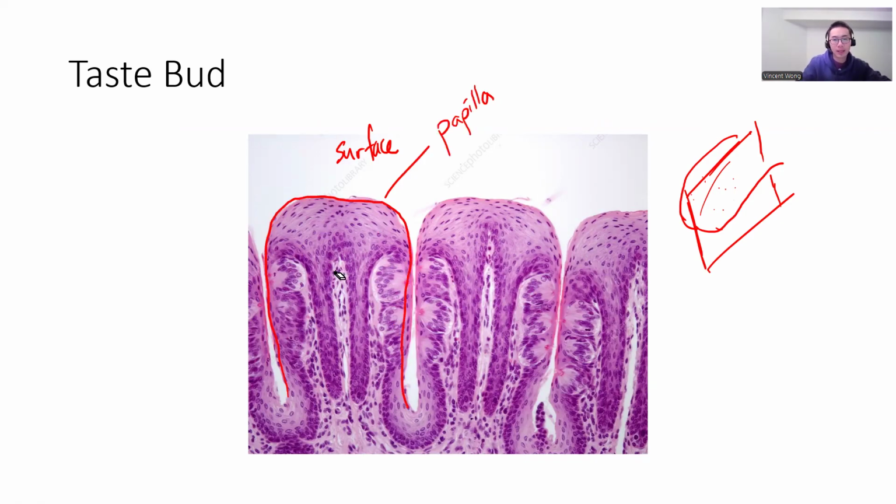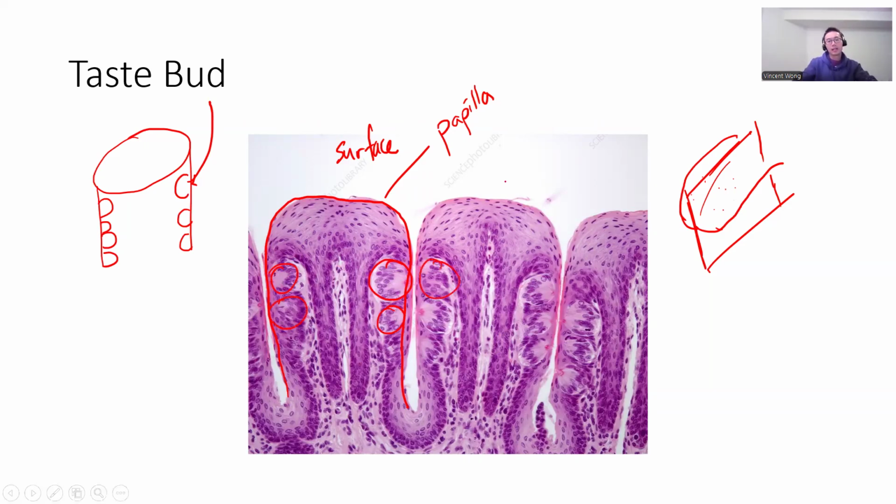It's 2D right now because you cut it, but in real life, before you cut it, it will be more like a cylinder. And on the side of the cylinder, you would have these little structures, and those would be the taste buds. So there is a taste bud, there's another taste bud right here, taste bud right here.